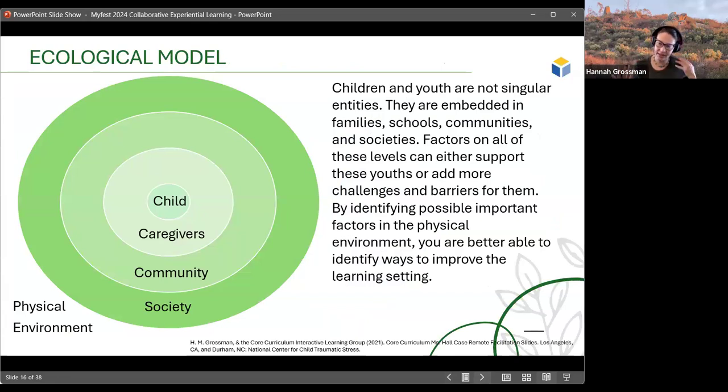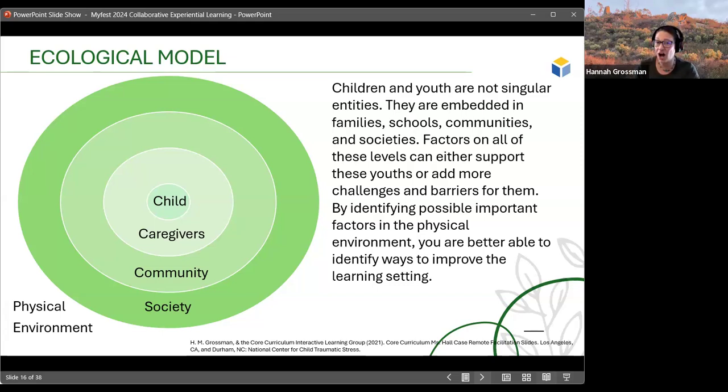So when I was talking about giving support and didactic tools to support the process of a shared understanding, this is one of our didactic tools that allow you to support shared understanding and comparing and contrasting. It talks about children and youth being not singular entities, they're embedded in their families, their schools, their communities, and societies.